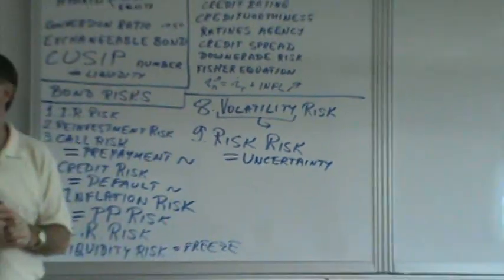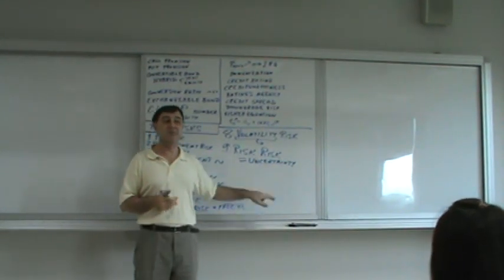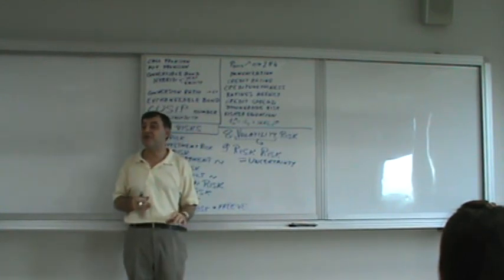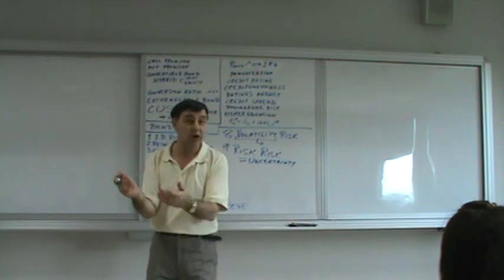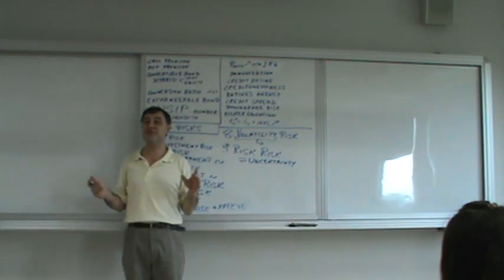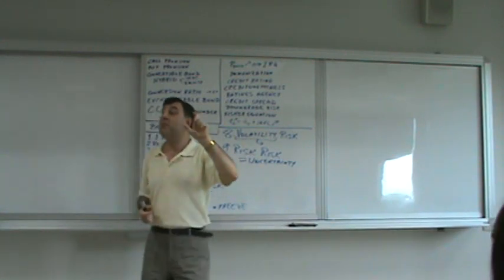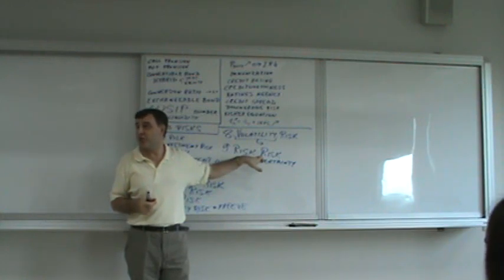Let's explain now the difference between risk and uncertainty, because for finance students, especially for finance professors, it's all too easy when asked what's risk to say, oh, uncertainty. No, no, no. These are two different beasts. Risk is a probability of things going bad or wrong.